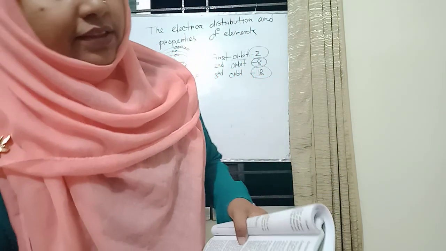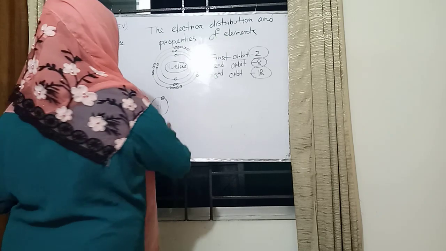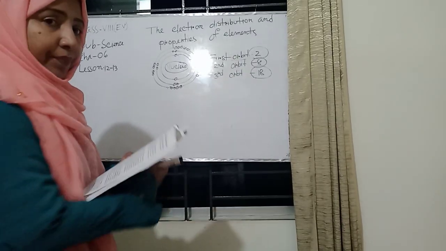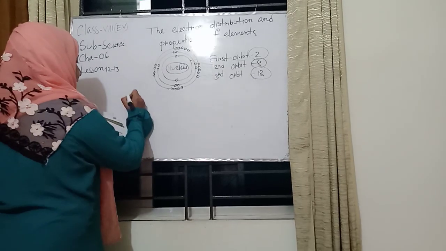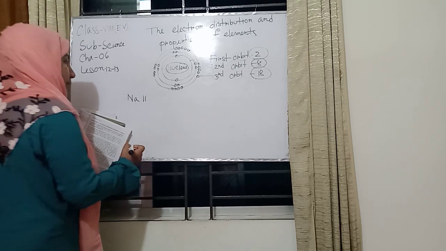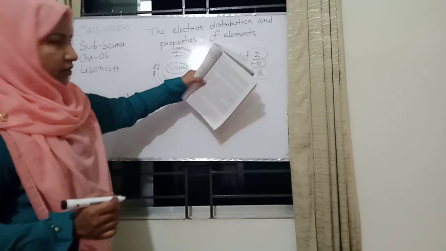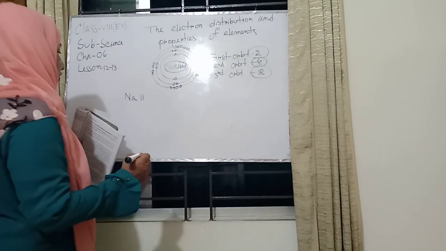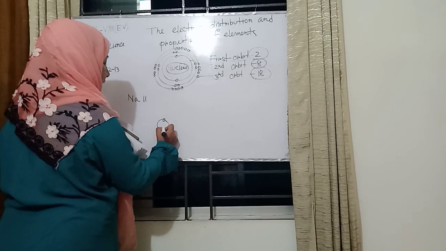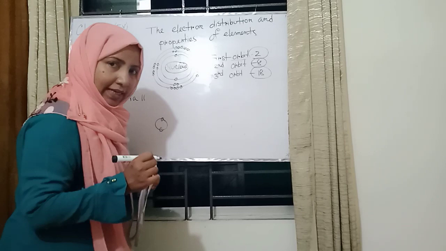My dear students, I draw this structure again. Here is the sodium, the atomic number is 11. So, we follow this structure. In the first orbit, 2 electrons fill up, and it is stable.